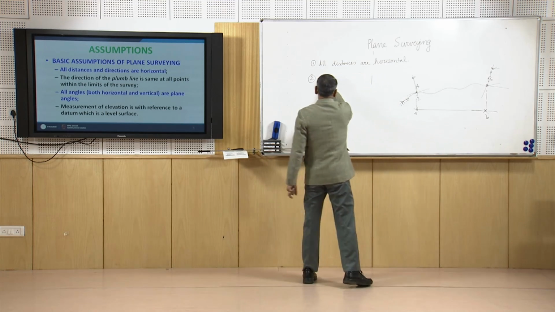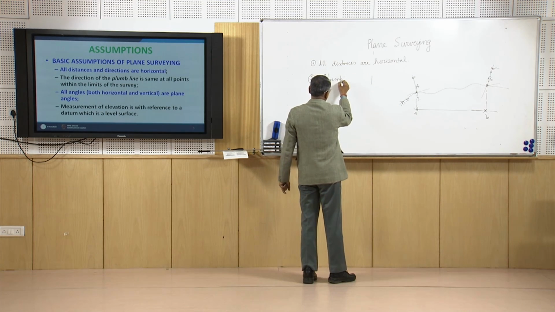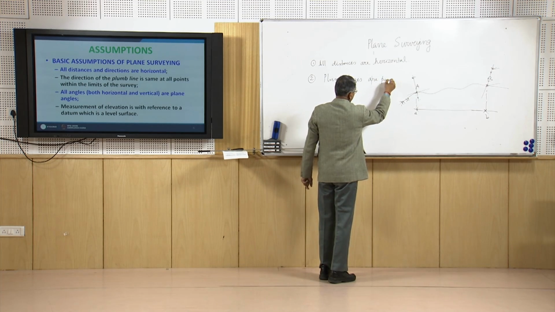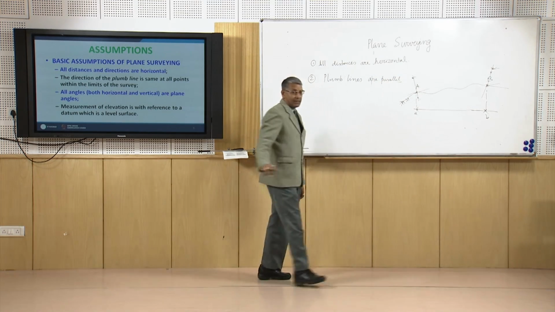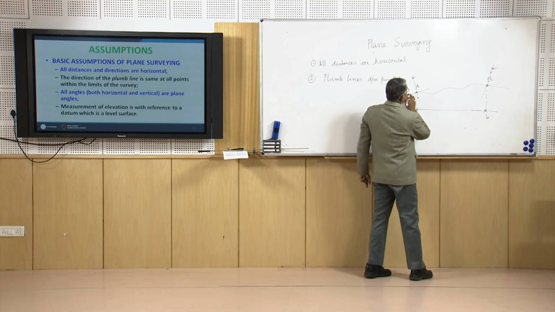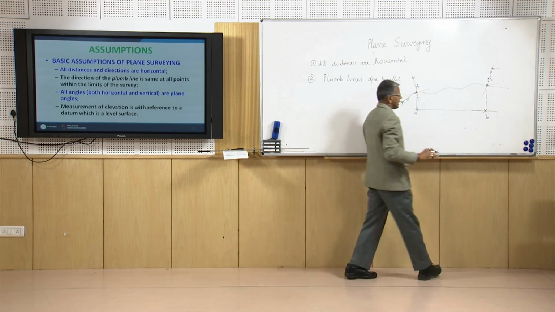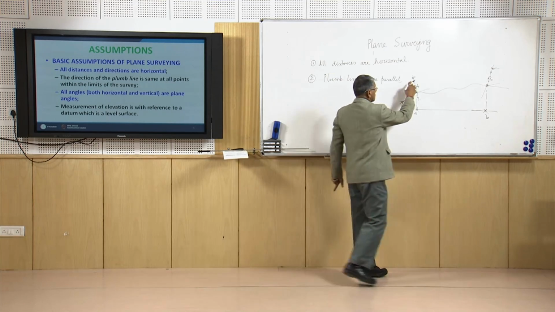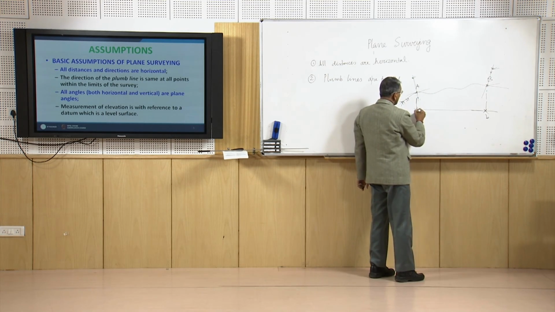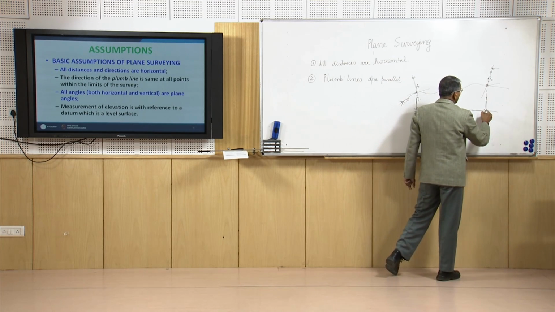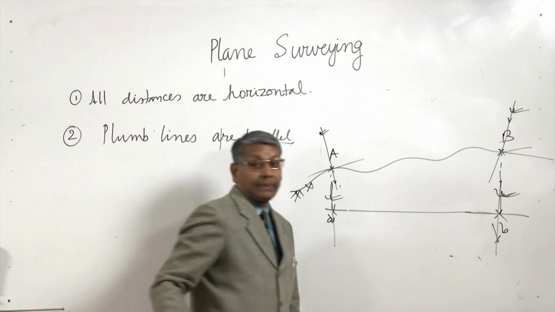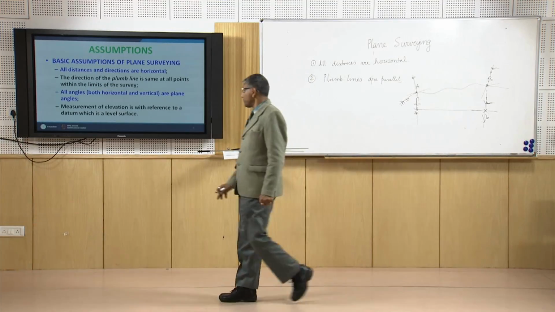So plumb lines are parallel. This is the assumption, because we assume that this surface is plane. If I take a plumb line at this point and at this point, they will be parallel. This is the second assumption.